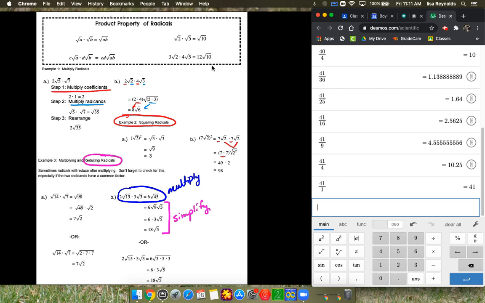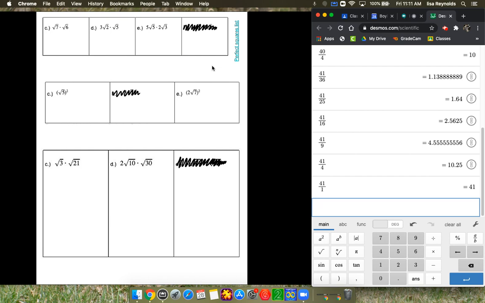Just because we're in a new set of calculations does not mean you get to forget about simplifying. So after we multiply, we do need to check to see if we can simplify. So we're going to look at some examples. The first set, these are just multiply. And the second set down here, we're going to have to make sure that we simplify.